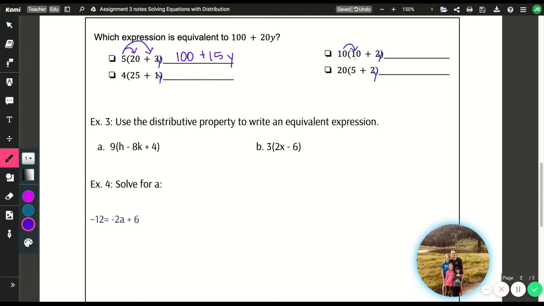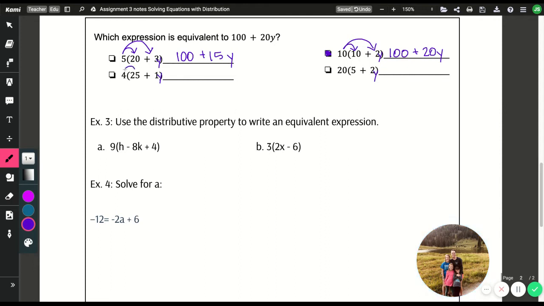So I'm going to multiply it by the first term. 10 times 10 is 100. And then distribute it through to the second one. 10 times 2 is 20y. Yeah, that's what we were looking for, 100 plus 20y. So this one works. Let's see if any other ones work, because sometimes there's more than one correct solution.